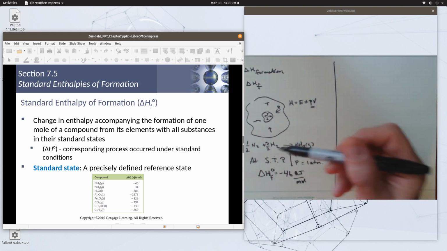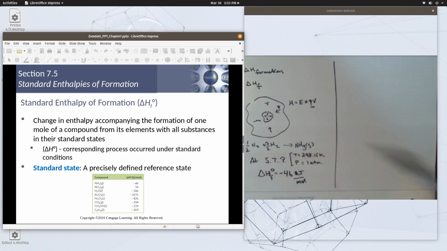So this table that I have over here, which you can see off to the side of the screen, is from the textbook, with different chemical compounds and precisely defined reference states. These are the typical thermodynamic state of the system at T equals 298.15 degrees Kelvin, standard temperature and standard pressure.